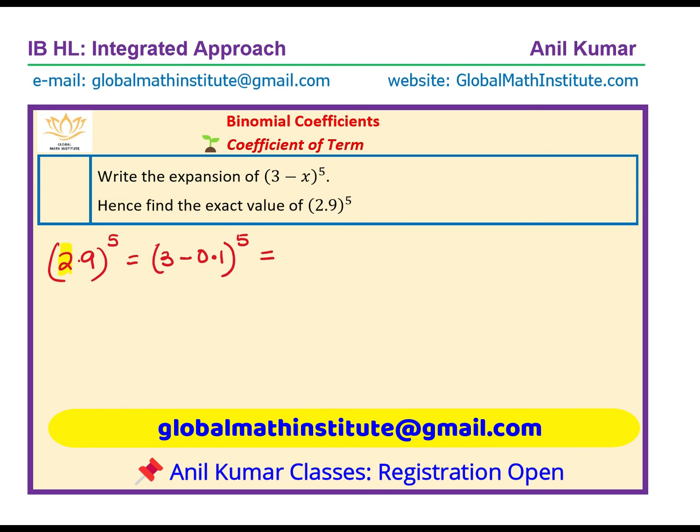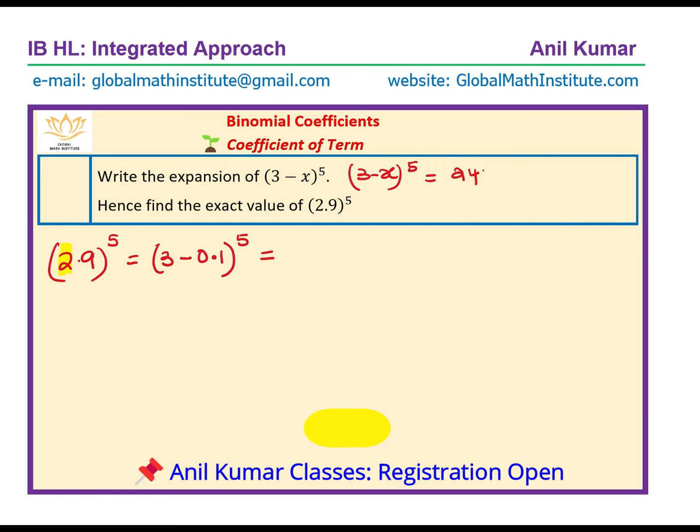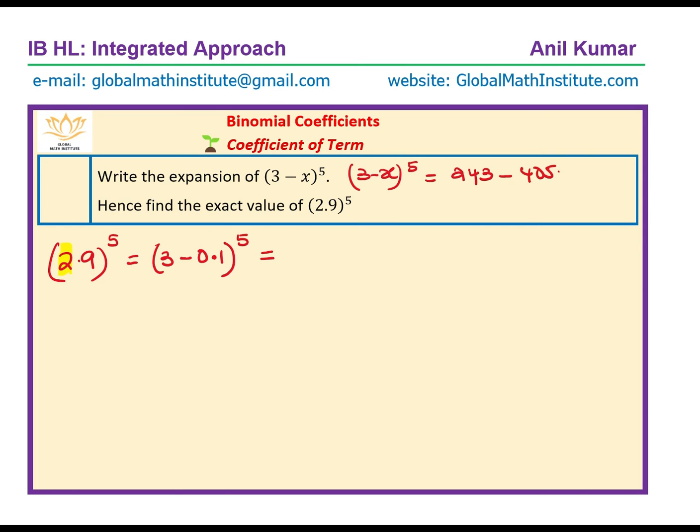So what we got was (3 minus x) to the power of 5 equal to 243 minus, alternating minus and positive, negative terms, 405x plus 270x squared, sorry, 270x squared, minus 90x cubed plus 15x to the power of 4 and minus x to the power of 5.